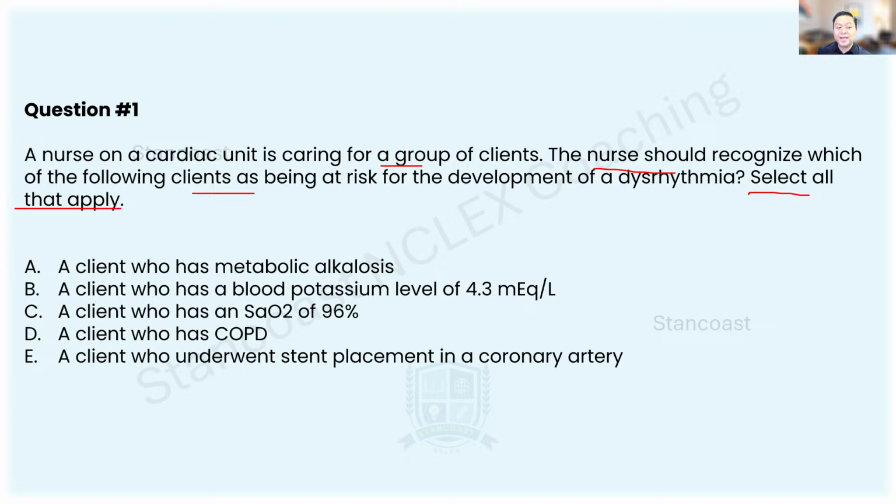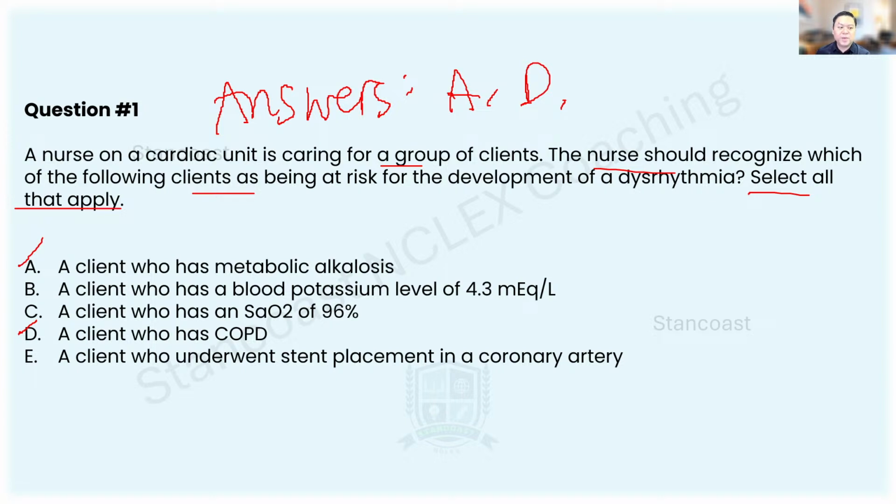The correct answers are letter A and letter D. Just write it down. So we have letter A and we also have letter D, a client who has COPD.